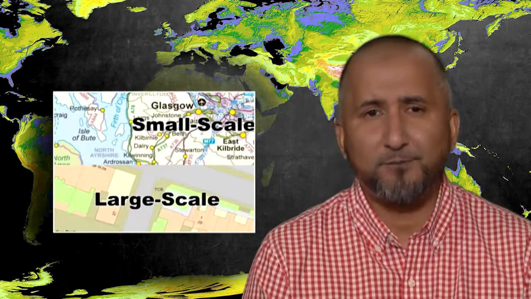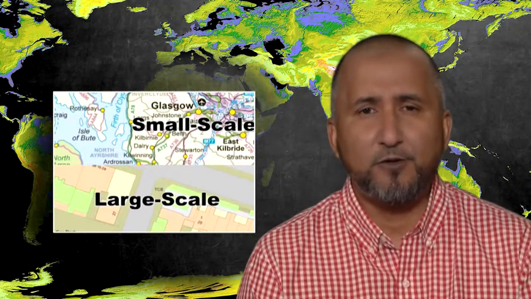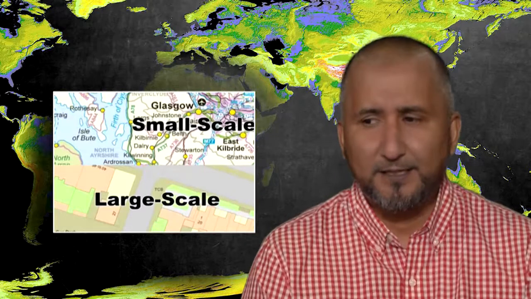So you need to understand what scale is used to represent a large surface area, and what type of scale is used to represent a smaller surface area. Those two different types of scales are known as a large scale map and a small scale map. On a small scale map, features appear smaller, and on a large scale map, features appear larger.